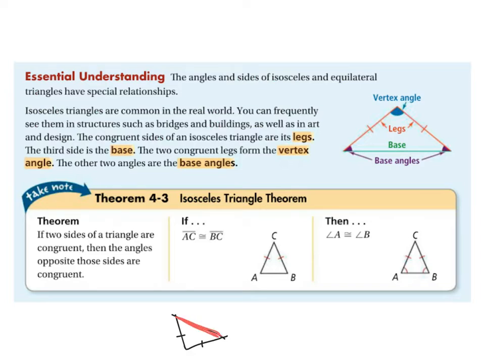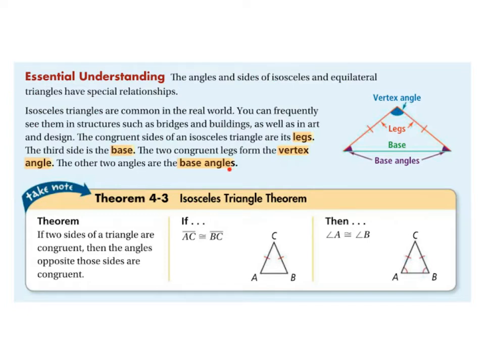It's always just the side that's not equal to the other two sides, just to be clear on that. So we've got the legs and the base for the names of the sides, and the two congruent legs form the vertex angle. So that angle that separates the two equal legs is called the vertex angle.